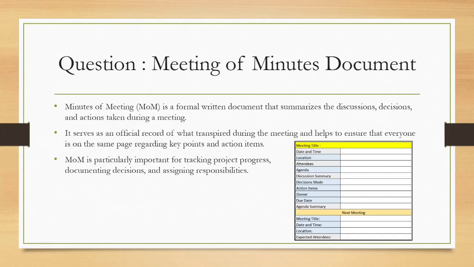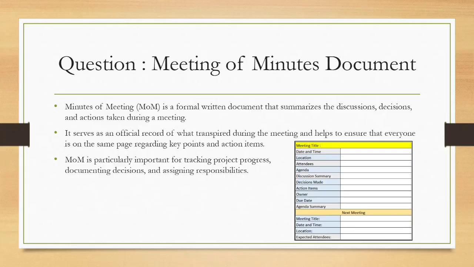And coming to the minutes of meeting document, the MOM sheet. In this MOM sheet we write a summarization of the discussion that happened in the meetings. In the morning we conduct meetings for the developers team, testing team, all the people here. Whatever discussion happened in this meeting, we will be updating in the MOM.